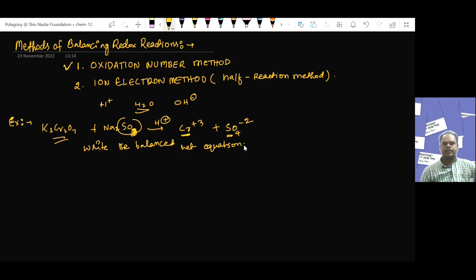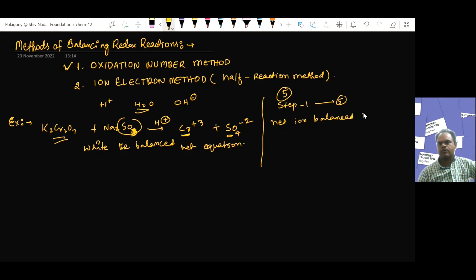In this chemical reaction, we follow 5 steps, step 1 to step 5, and finally we get the net ionic balanced equation. So how we get it, let us discuss.